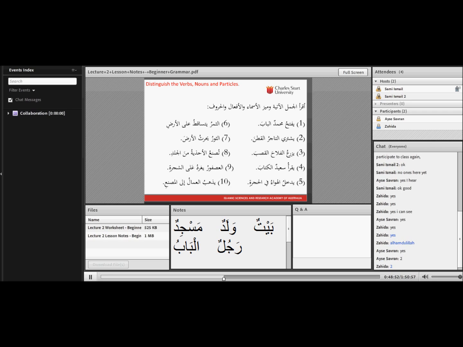And then we looked at the isim, which means noun. The noun generally refers to a name of a thing, or something definite or something specific. For example, the name Muhammad, or the name of a fruit like apple, that's a noun.